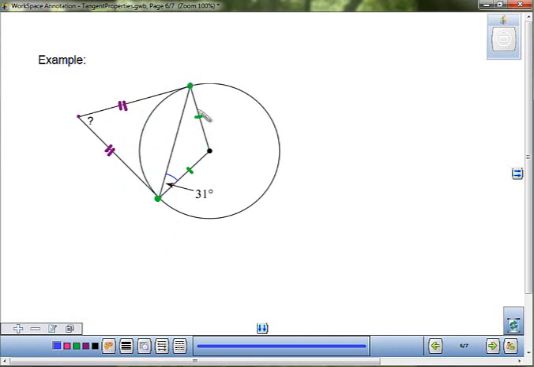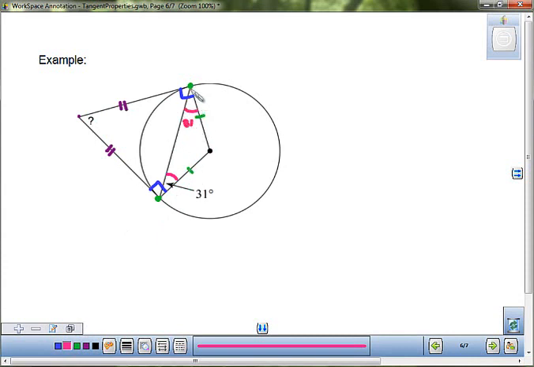And I know that my radius and my tangent make a 90-degree angle, so this total is 90 degrees. Okay, and they've told me here that this piece is 31, and since these are equal, this piece would also be 31.